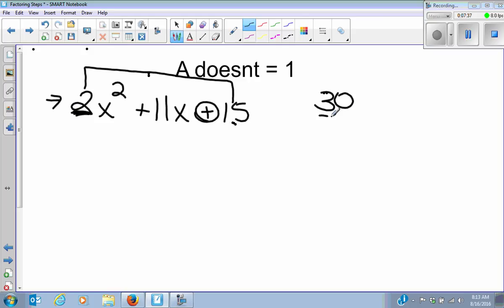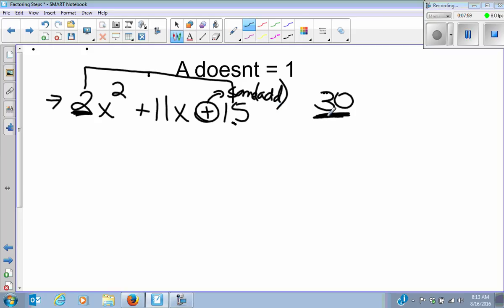So 30 is going to be my number that I'm going to use, not 15. Meaning I need 2 numbers that multiply to 30, but add to 11 still. So this still means same signs, and it still means add. The only thing that's different when A is not 1 is I have to use a new number, which is 30.